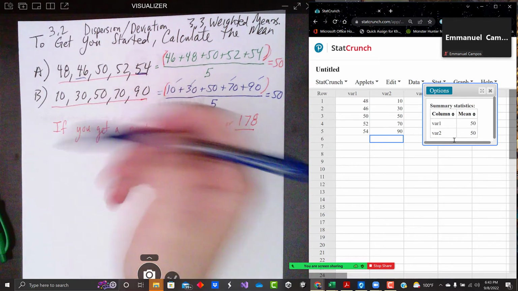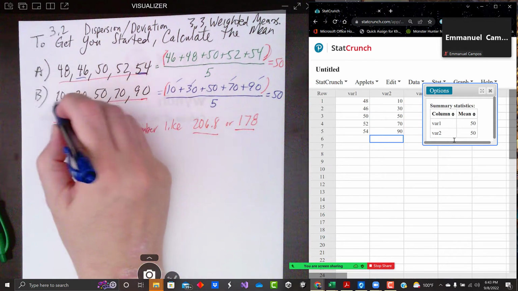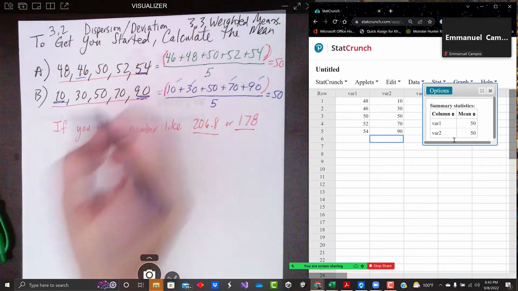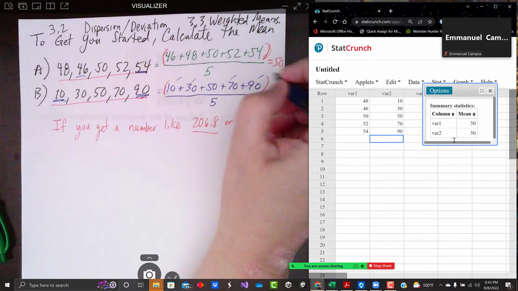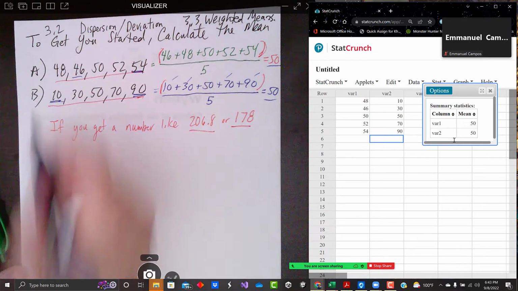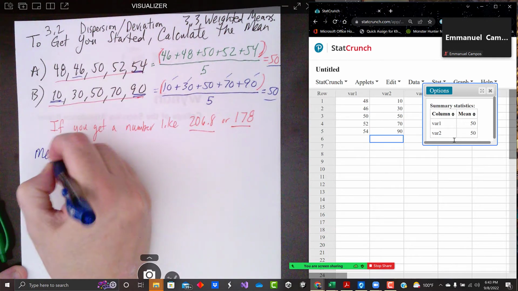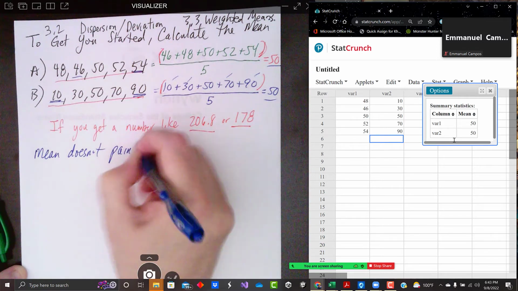They're both really close to 50. Whereas in group B, I've got 10 and 90, which are a long ways away from 50. But they both have an average, a mean, of 50. So the mean doesn't give us the whole picture.